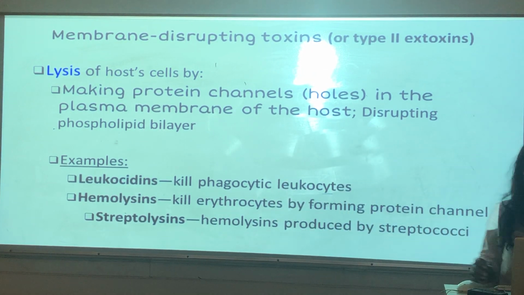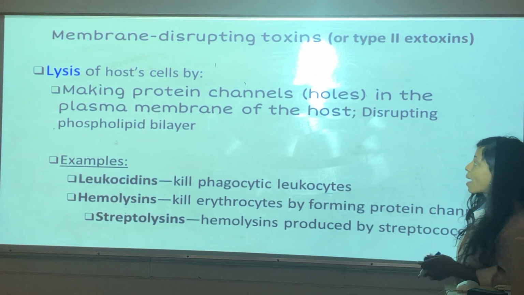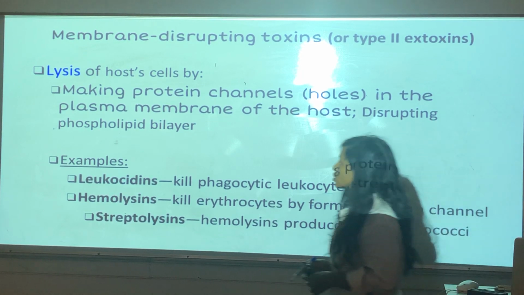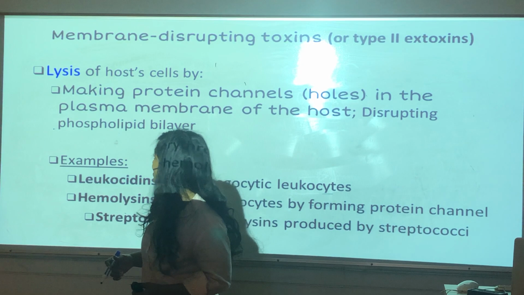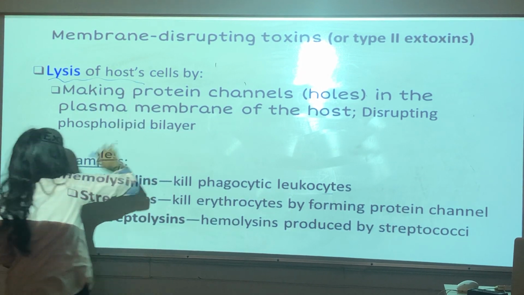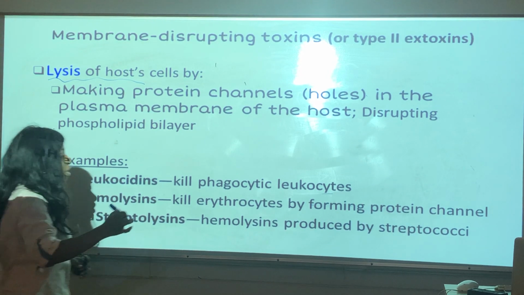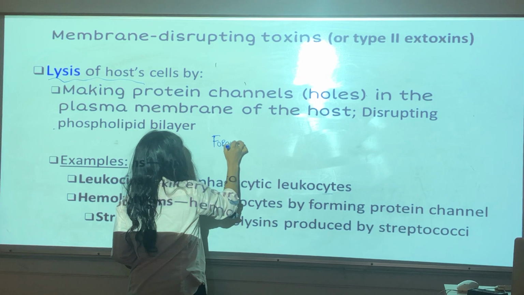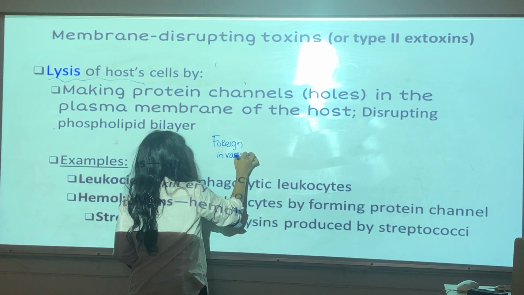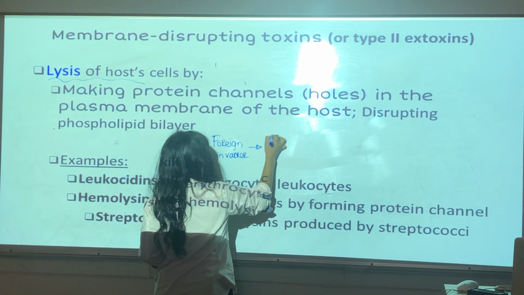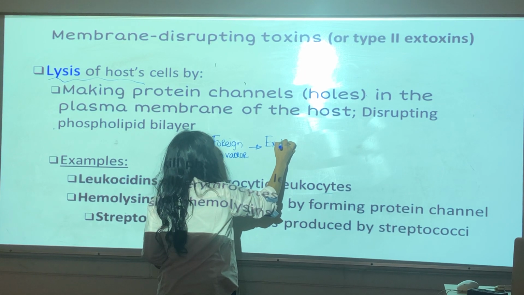The second exotoxin is known as your membrane disrupting toxin. By membrane disrupting, we mean that it will lyse the whole cell. The toxin is being made by the bacteria. So again, the foreign invader comes in and makes exotoxin number 2.